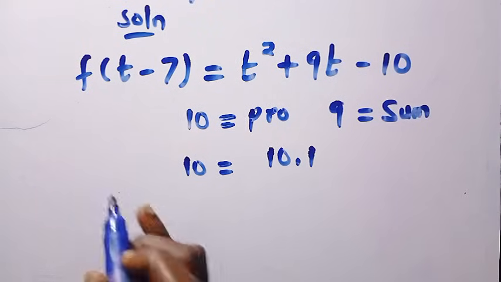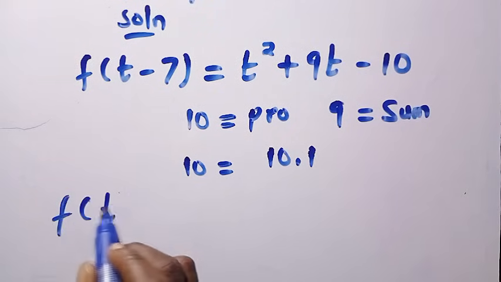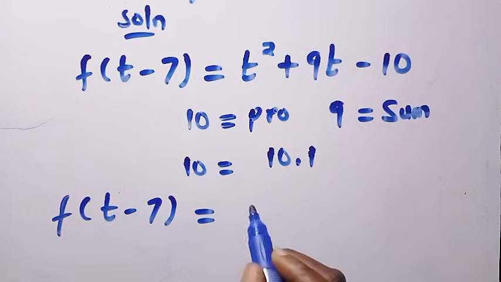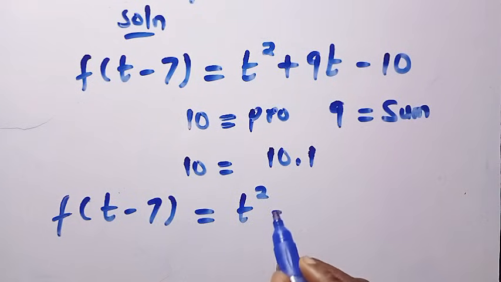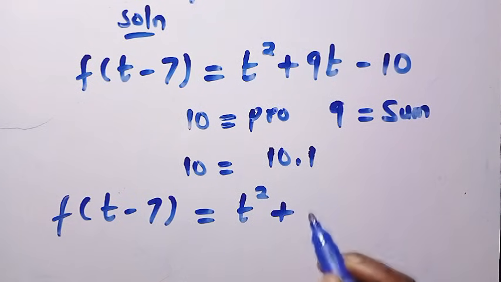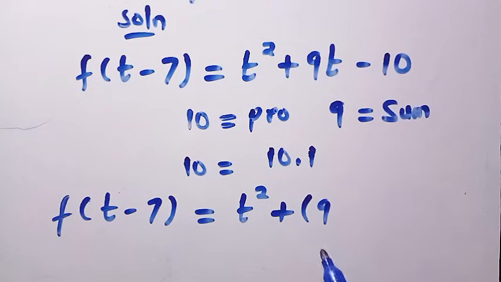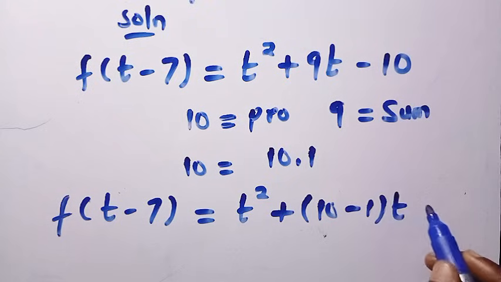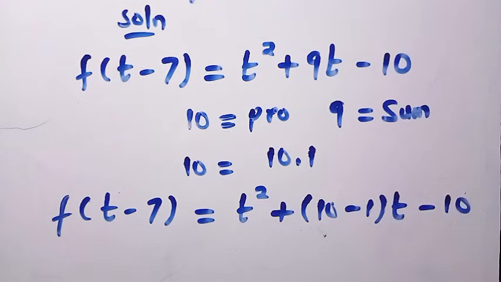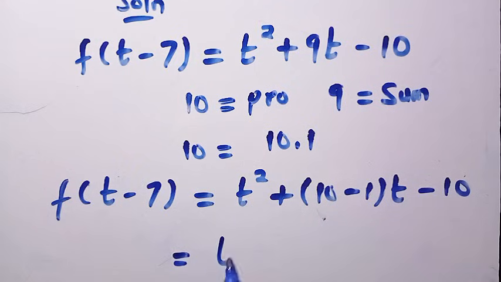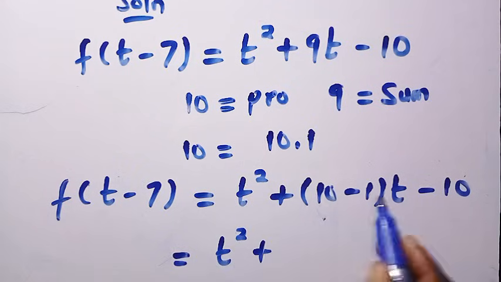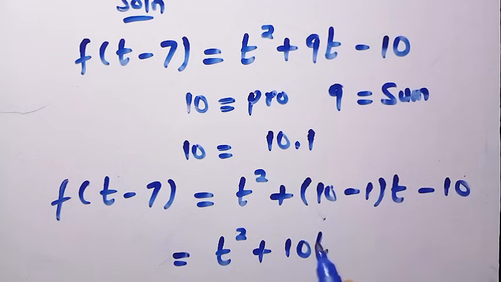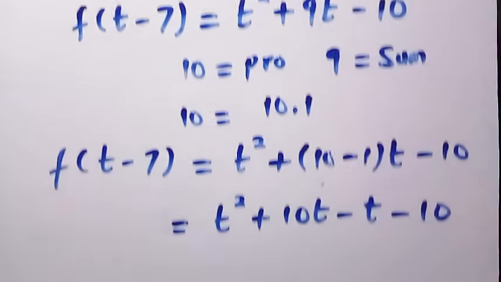So therefore we have f of t minus 7 equals t squared plus, so we have 9, we have 10 minus 1, then multiply by t minus 10. So this equals t squared plus, we have this as 10t minus t, then we have minus 10.